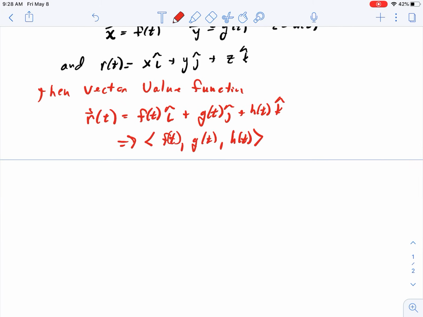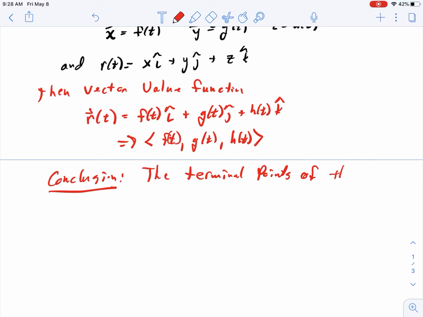So to conclude on this, my conclusion is the terminal points of the vector create, or trace, refer to it as either way here, trace a curve.